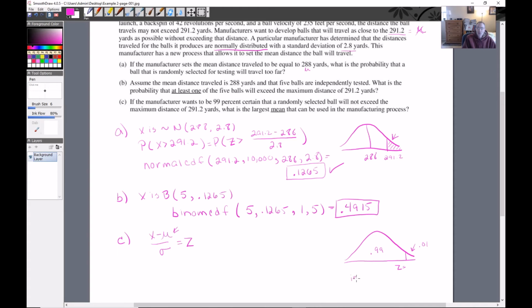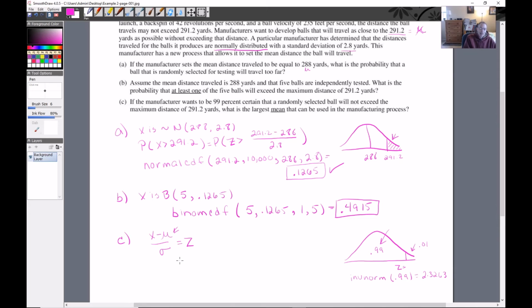So that'll be an inverse norm, or you can look at the table and figure it out from there, and that'll be 0.99 because it's not the 0.01 we want, to go from left to right. And you need a positive z-score, so that's 2.3263. You can truncate that a little bit, but I like the extra accuracy.